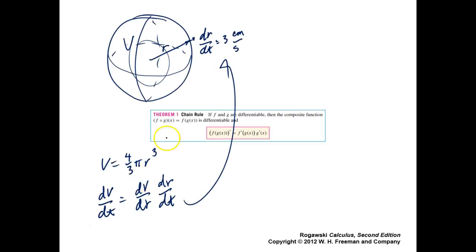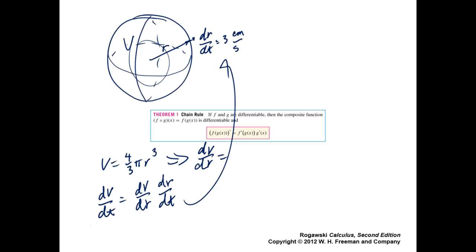Can you get dV dt? If this is V, then dV dr would be what? Take the derivative of this with respect to r. dV dr. What would that be? Oh, don't use a calculator, do it in your head. 4/3 times 3 would be 4 times pi times r squared.